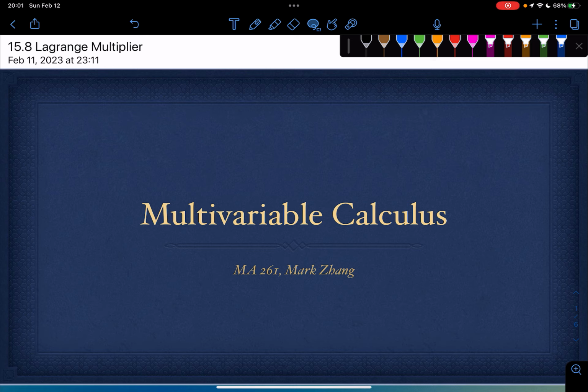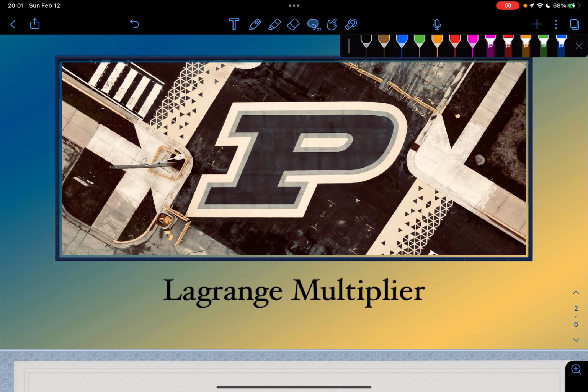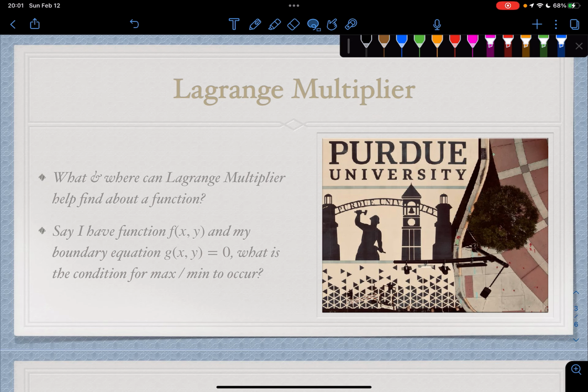And today we're going to talk about Lagrange multiplier. So the first question I have for you is, what and where can Lagrange multiplier help find about a function? Since we're still talking about extrema problems, the first question comes pretty naturally.